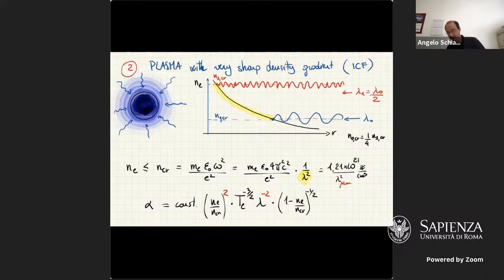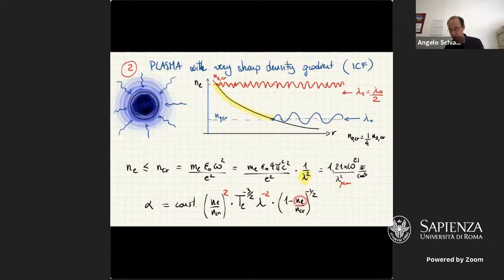Let's pay attention to this term here, which describes the fact that we cannot propagate at a density larger than the critical density of the electron. You see it because we have 1 over the square root of this term, so this has to be positive.